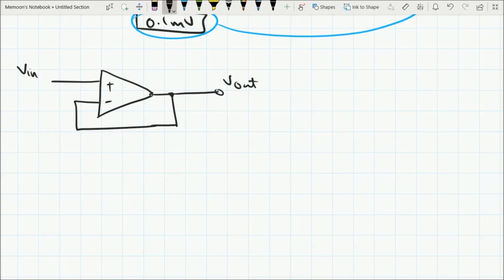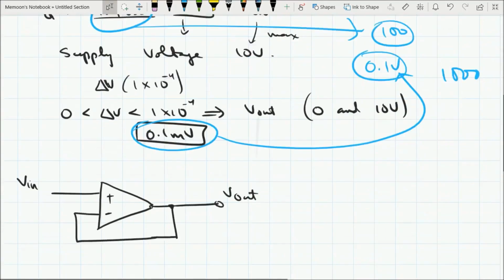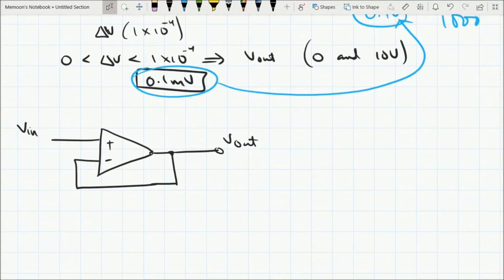Now we know that all these 5 rules apply because there is a feedback, right? There is a feedback from the V out to the V in. So now there is some link, some connection, some feedback between the outputs and the inputs.